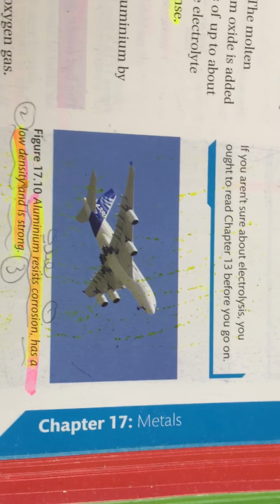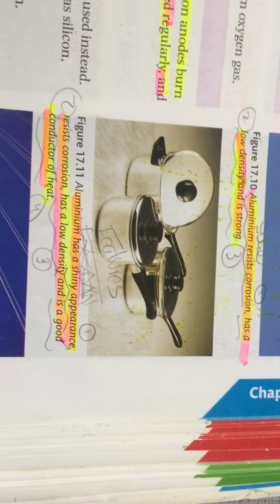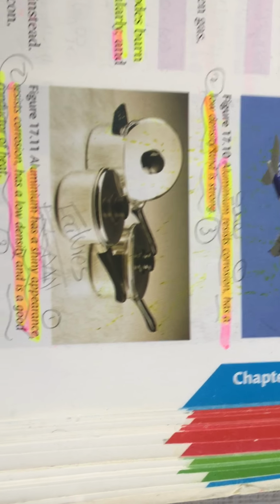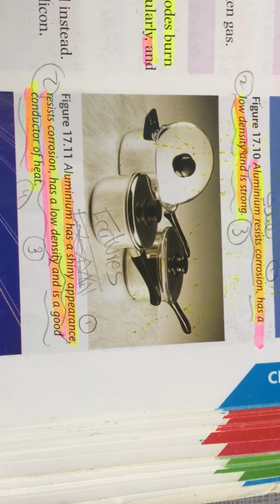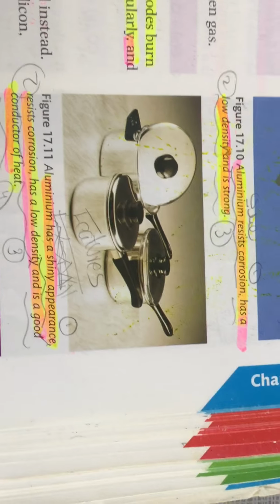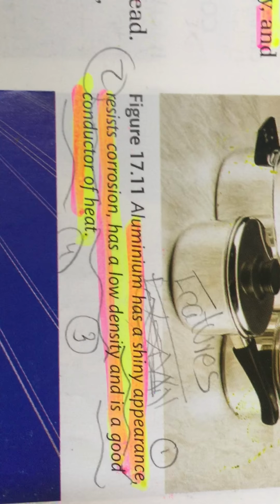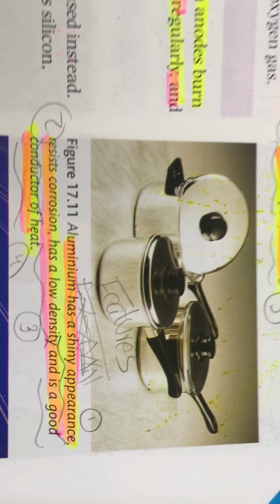I want something low density and strong to fly. And for kitchen utensils, the most important property is that it resists corrosion and conducts heat, plus shiny and so on.